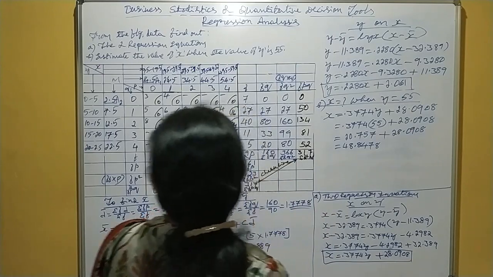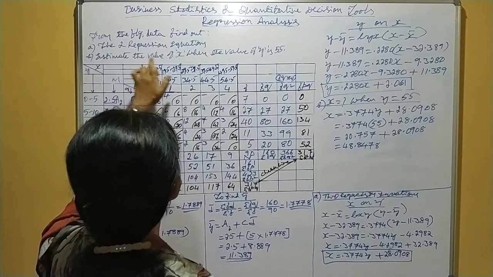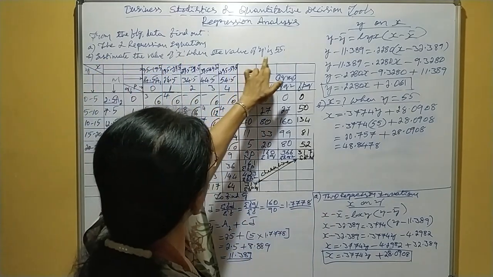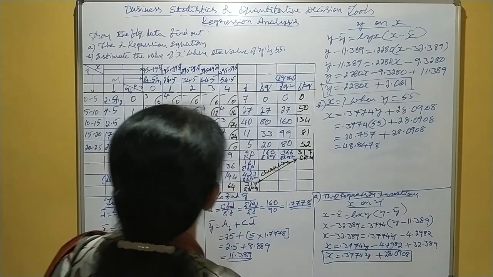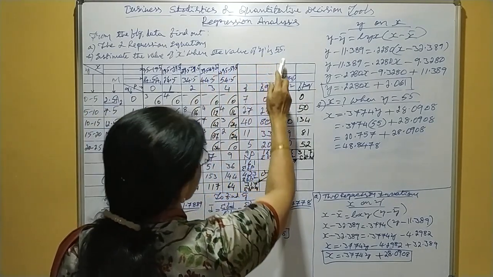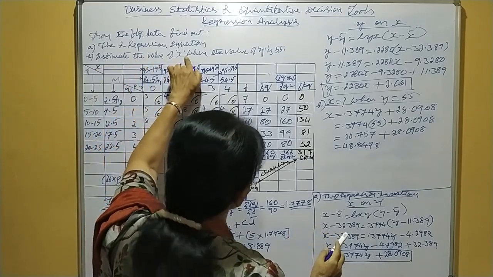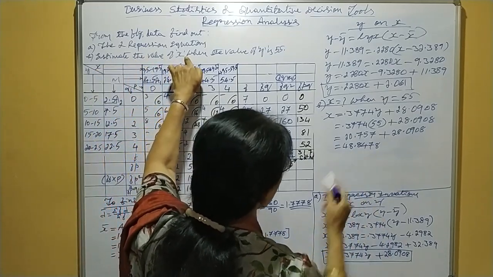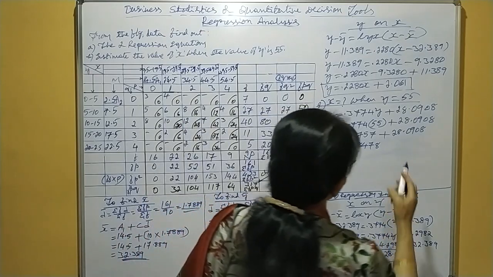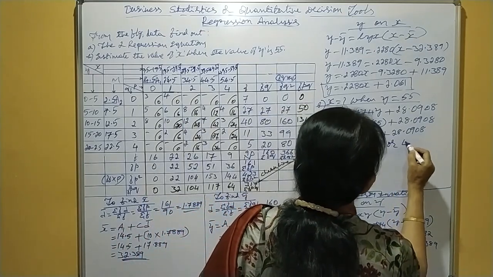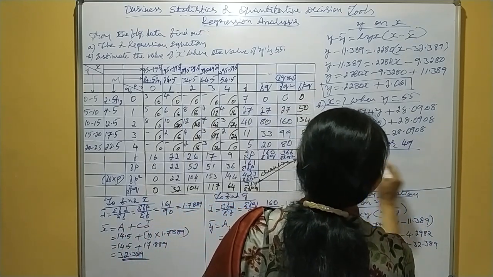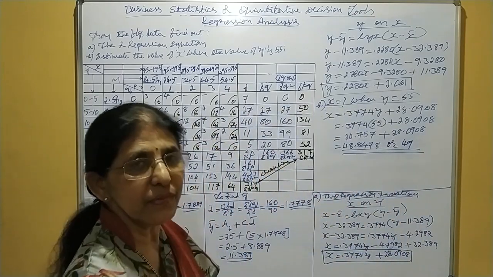We have to write here. It is given, estimate the value of x when the value of y is 55. Now, when the value of y is 55, the estimated value of x is 48.8478 or 49. This answer you have to write.